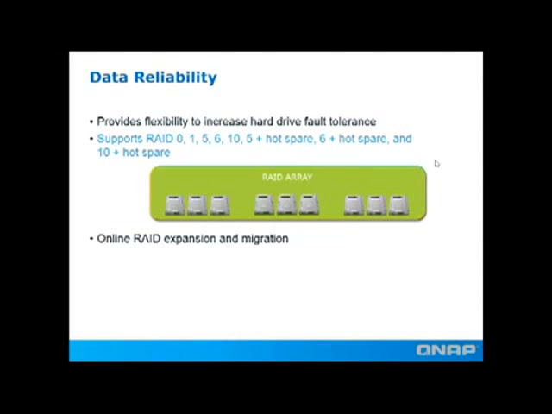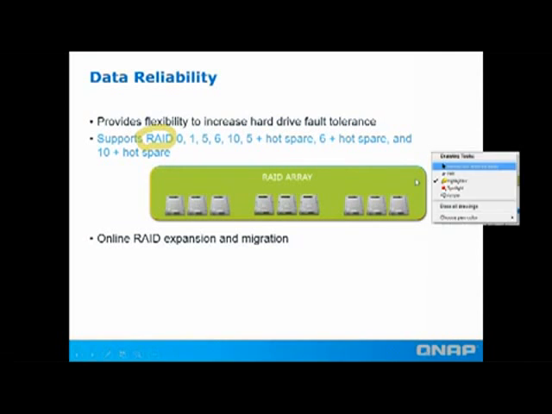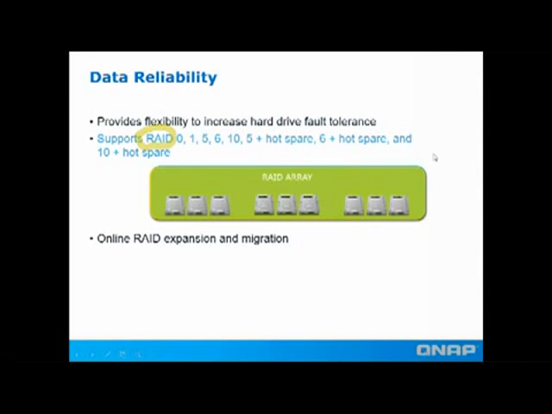I also want to talk about some of the inherent technology that we have. For example, data reliability for your video files. If you have never heard of RAID, RAID is basically a mechanism that allows you to have some failures in some hard drives, but still keep the data valid and keep the system running. For example, right here, the green boxes represent the hard drives inside your system.